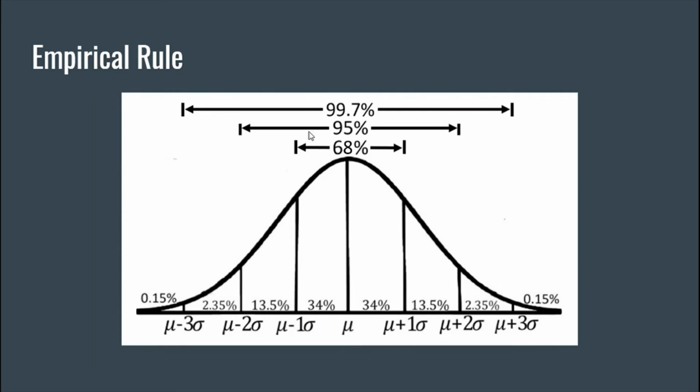Now 95%, if you split that down the middle, you get a combination of these two, 47.5% on both sides. And then 99.7, you split that down the middle, you get a combination of all of these three, which is 49.85.